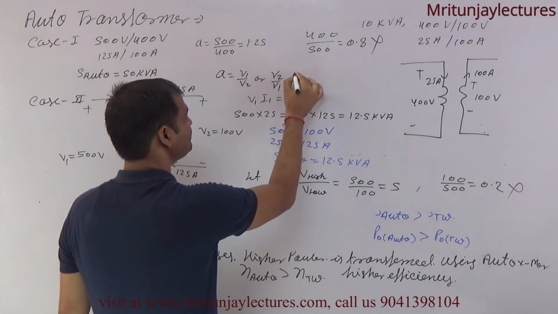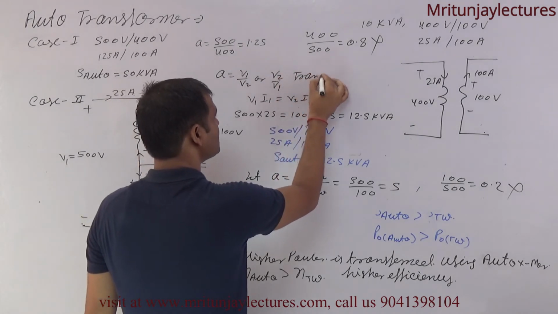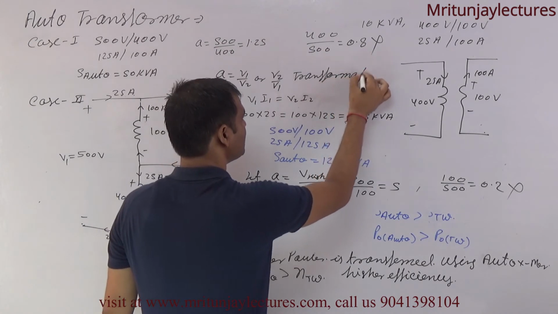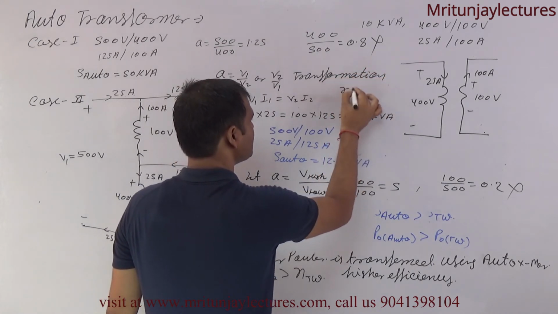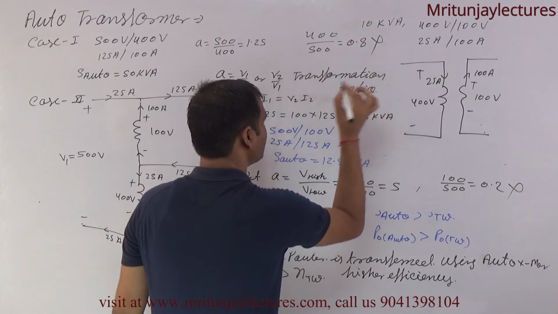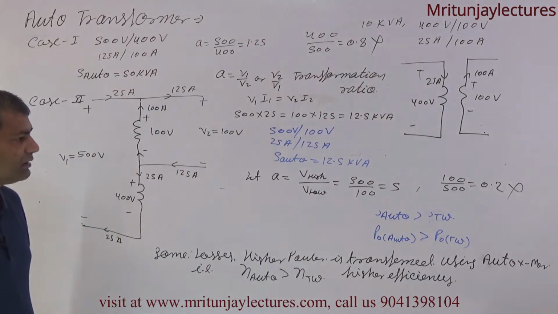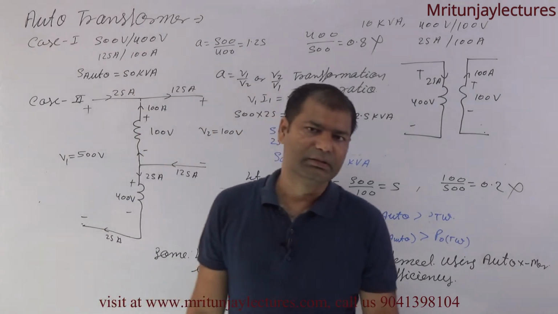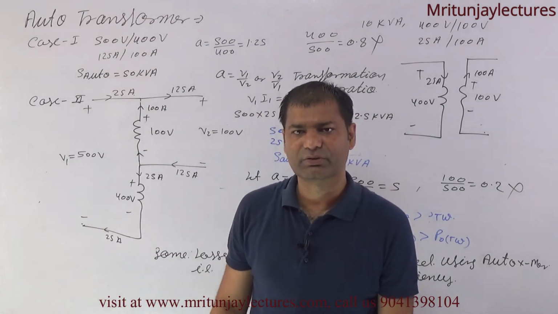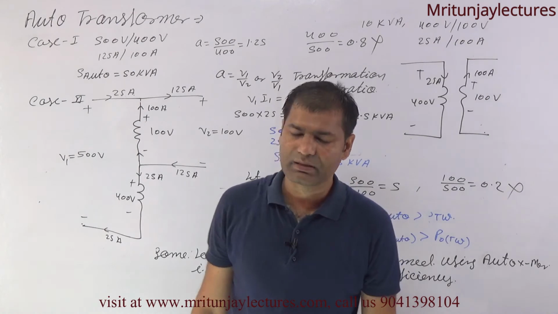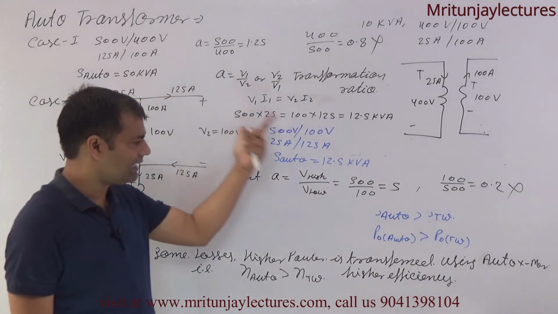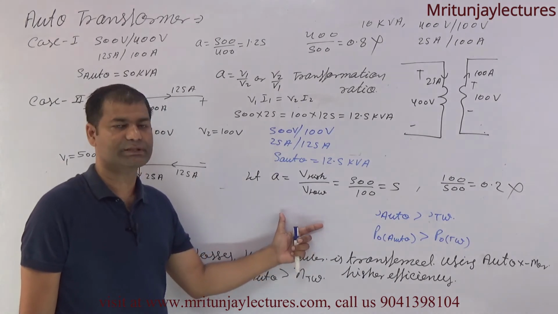That is the transformation ratio or transformer ratio, you can say that. Same, but in case of a two winding transformer, K will be equal to V2 by V1, but here we have considered higher voltage divided by lower voltage always.